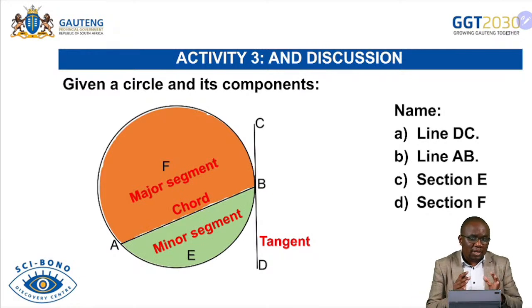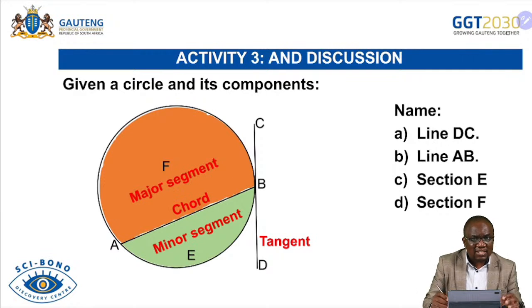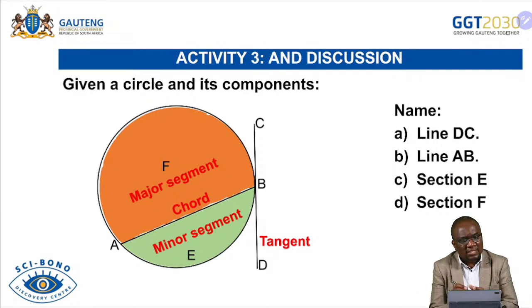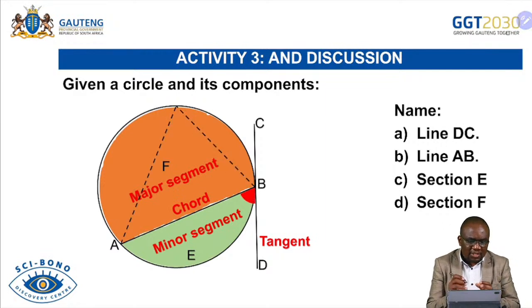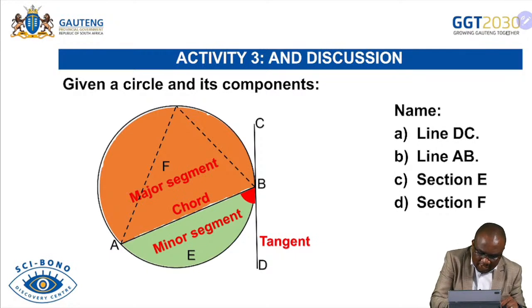So now, look at the chord AB. There's this angle that is formed by the chord and the tangent, which is the angle in red, ABT. You see angle in red, ABT. And then there is this segment here.